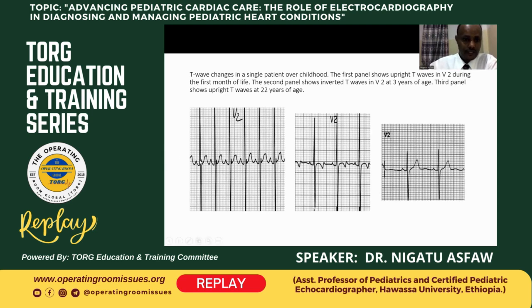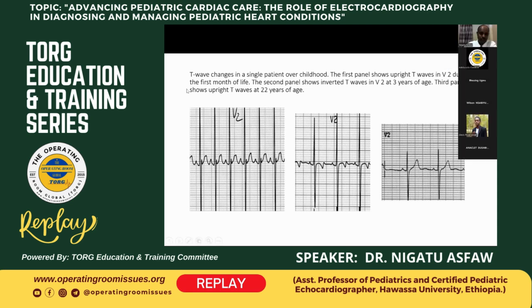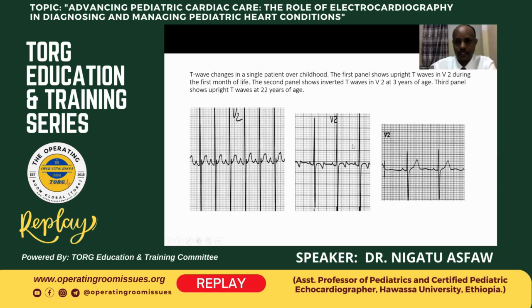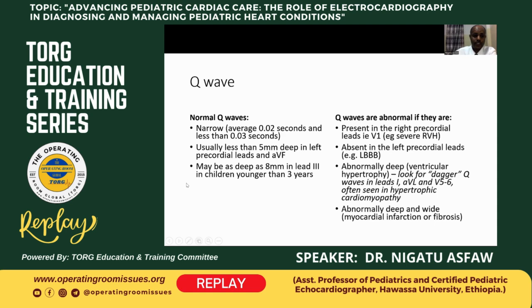Here in the first picture, of a 1 month old infant, it is upward deflected, so that's normal. The second is the T wave in a 3 year old. It is downward deflected, and that's normal. Again, it will be upward deflected after adolescence, so it's a normal T wave on ECG.